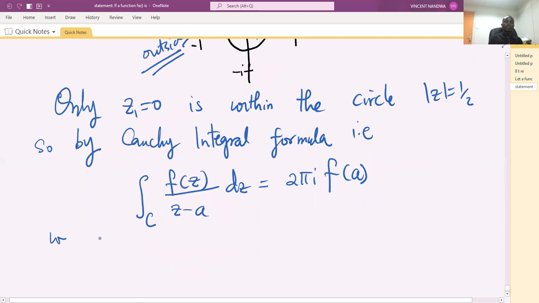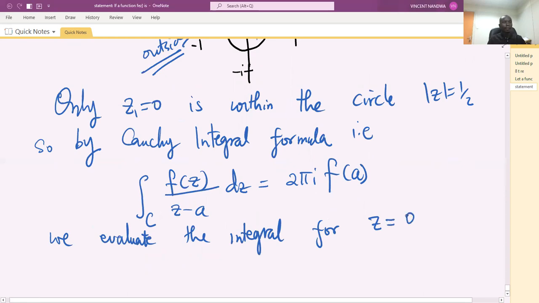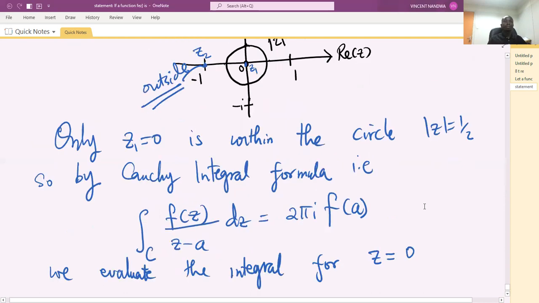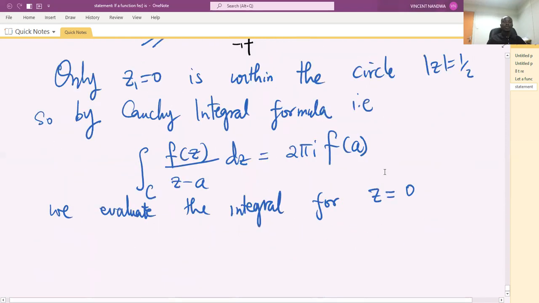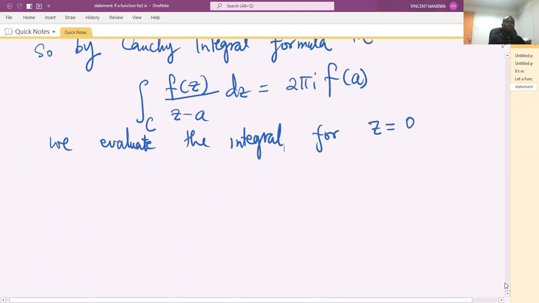We evaluate the integral for z equals 0. Because the other value will give, for its integral, a small circle drawn around z2, which is going to be 0. So only concentrate on the poles which are within the circle C.